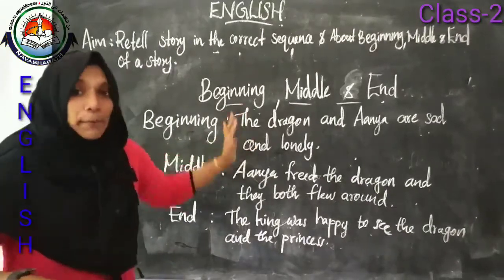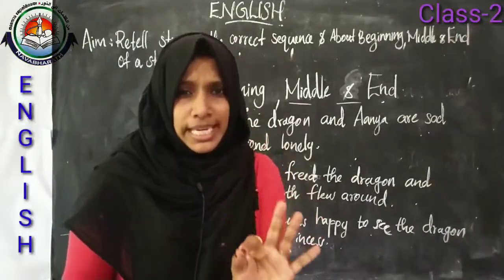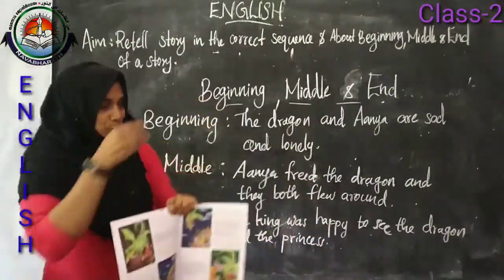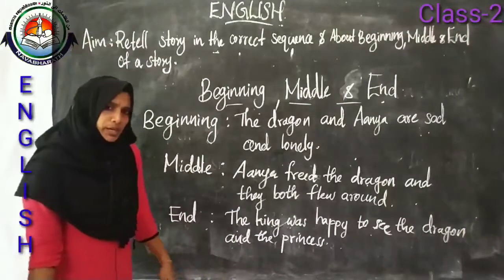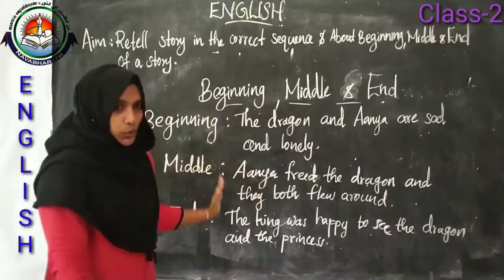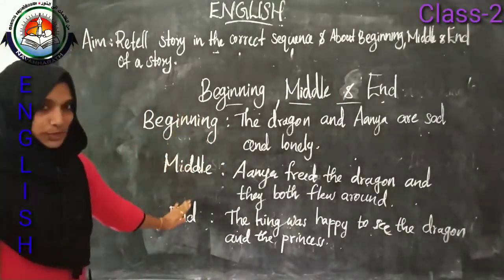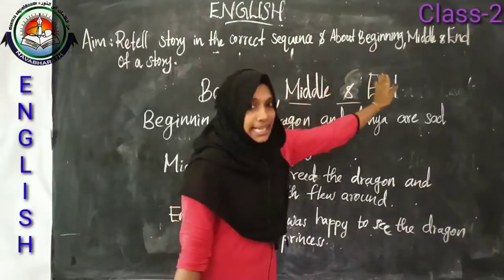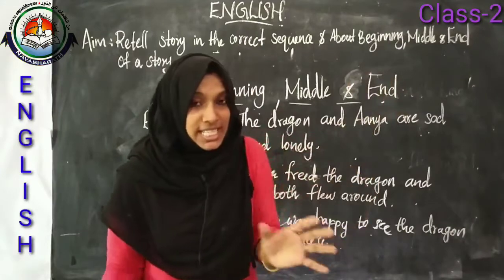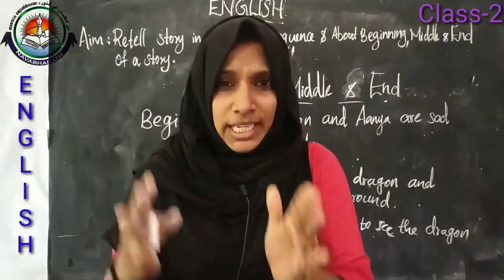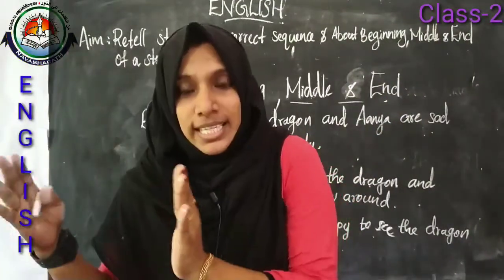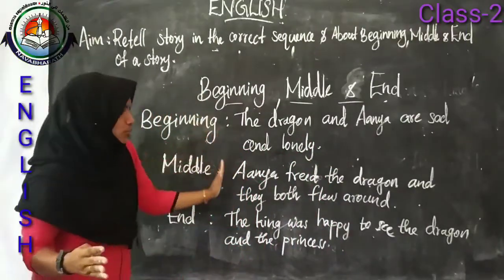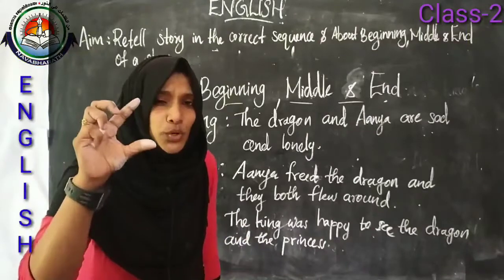So here ma'am selected only the main, important events from this story to retell. Then how do these three parts help us? Yes, when we know these three parts, beginning, middle and end, we know the main important things that happen in the story. And also we can retell this story in a very short time.